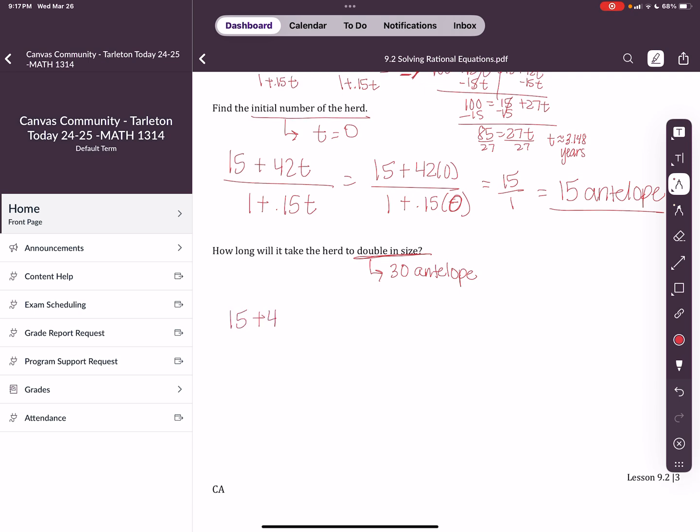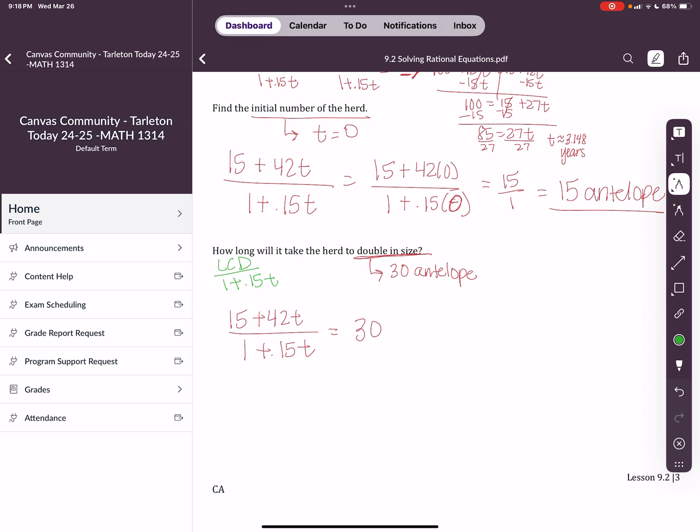So 15 plus 42t over 1 plus 0.15t. But this time it's going to be equal to 30. Now, as we've been very consistently doing whenever we're solving these equations, we do have to have a common denominator. So much like the first problem on this page, our LCD is going to be the 1 plus 0.15t.